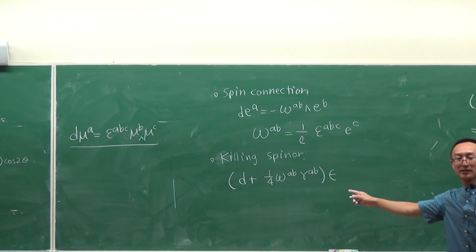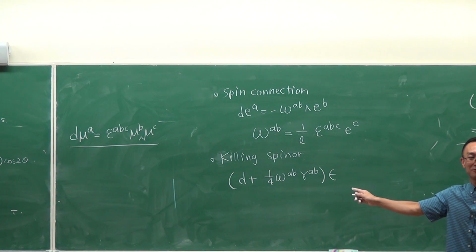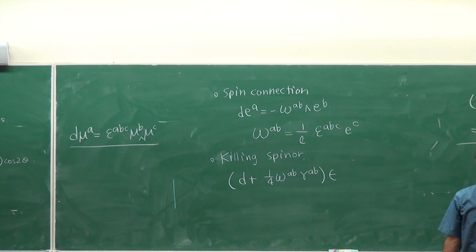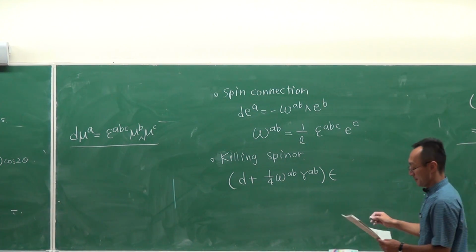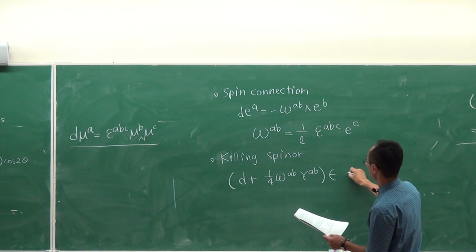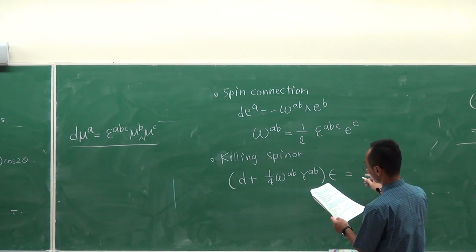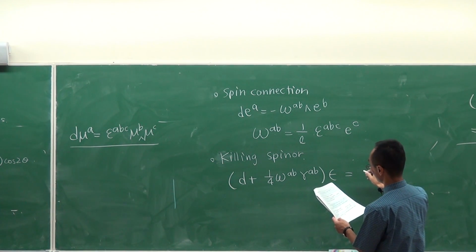This is the differential form notation of the covariant derivative acting on a spinor field, and the Killing spinor equation says that this has to be equal to some gamma matrix multiplied onto the same spinor.